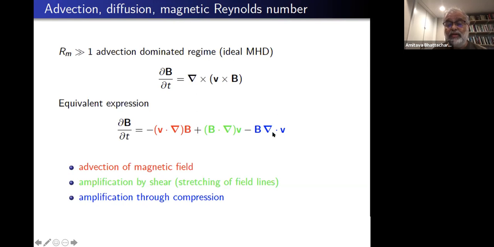And this term is amplification by compression, because if del dot V is 0 for an incompressible plasma, that term will drop out. In the absence of that, if the plasma has finite compression, it has the potential to amplify the magnetic field. So this is just the physical significance of the various terms in the ideal MHD Ohm's law.